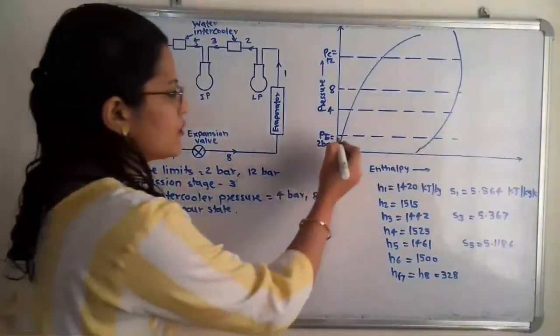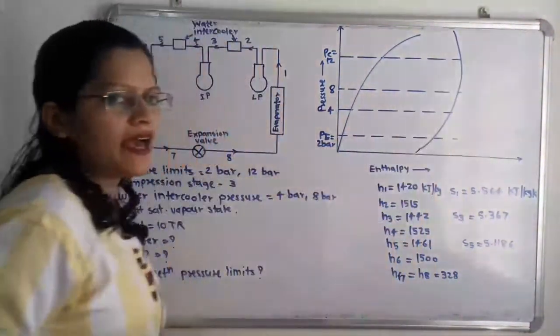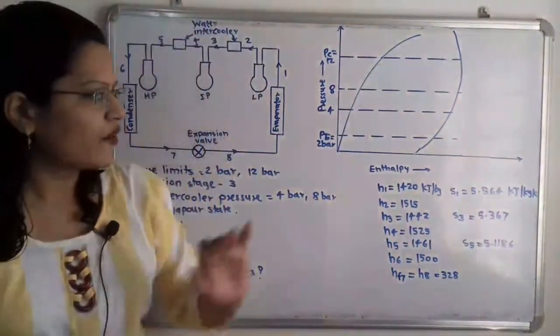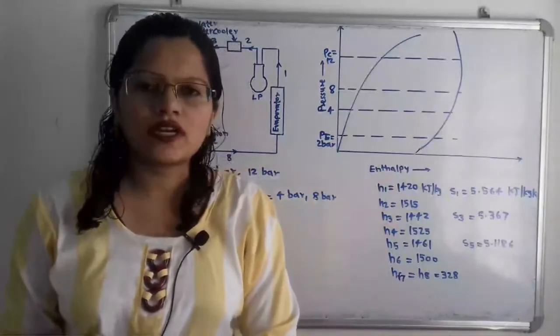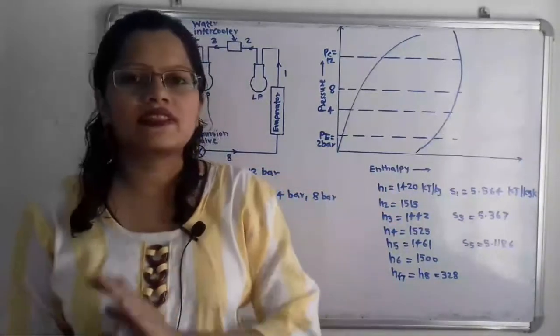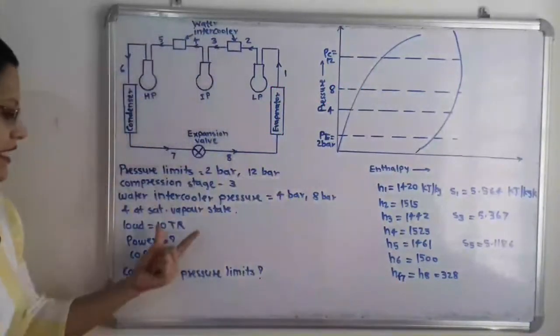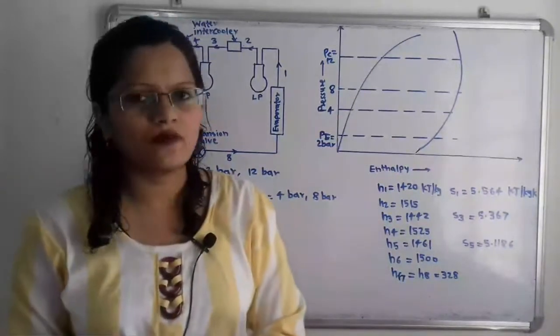Let us first draw the diagram on the pressure enthalpy chart, and we will find out the values of enthalpies at the different points, because from those enthalpy values we can easily calculate the power required and then the coefficient of performance.